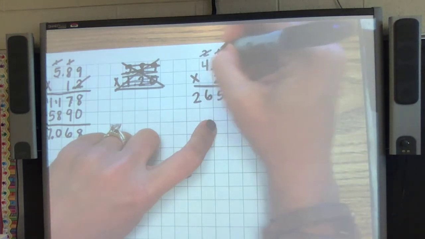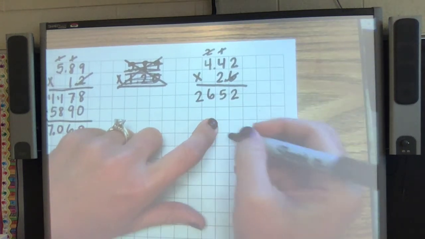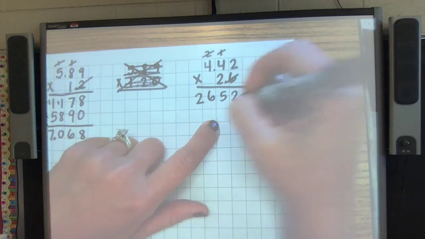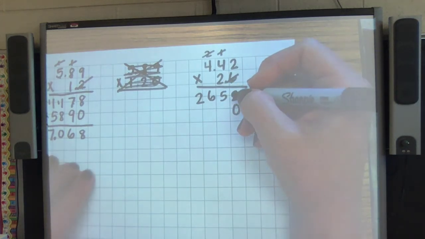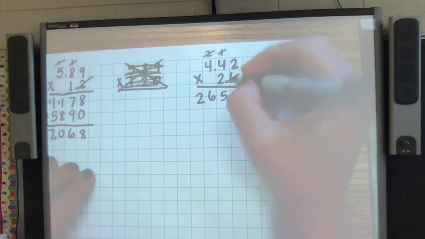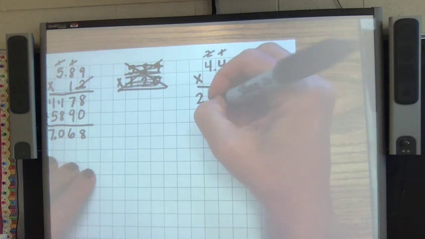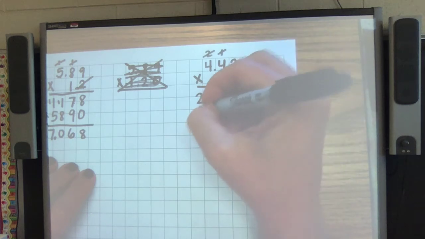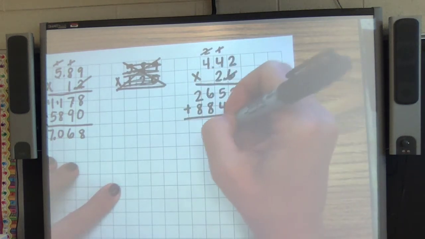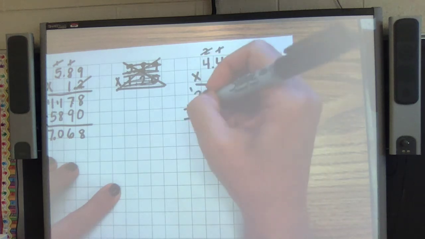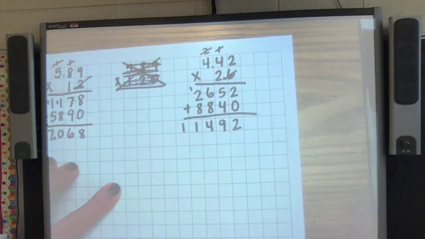I'm done with these. I want to get rid of them so I don't accidentally use them again. Put my placeholder here because now I'm down on this side. And then 2 times 2, 4. 2 times 4, 8. 2 times 4, 8. Very nice. Add 2, 9, 14, 8, 9, 10, 11.